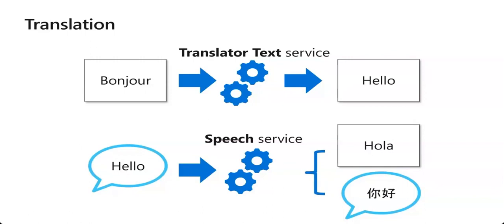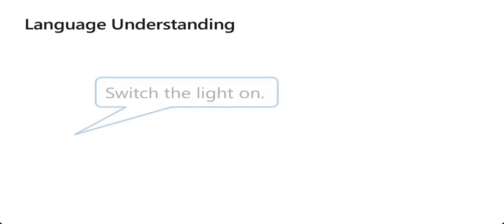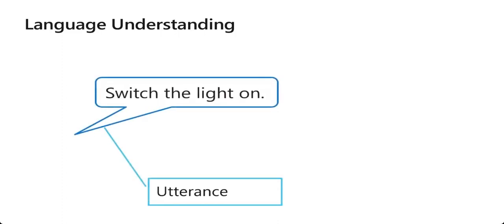And then we're talking about language understanding. This is also, by the way, known as LUIS. It enables you to train a language model that can interpret natural language commands. So an example here would be switch the light on.